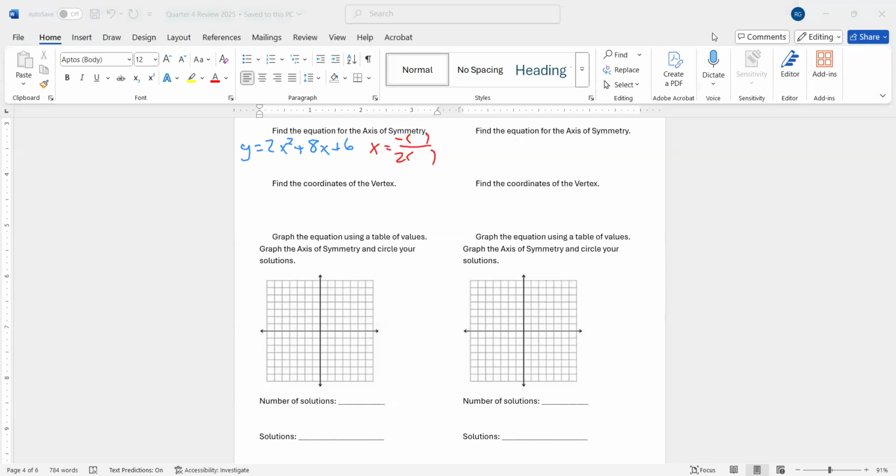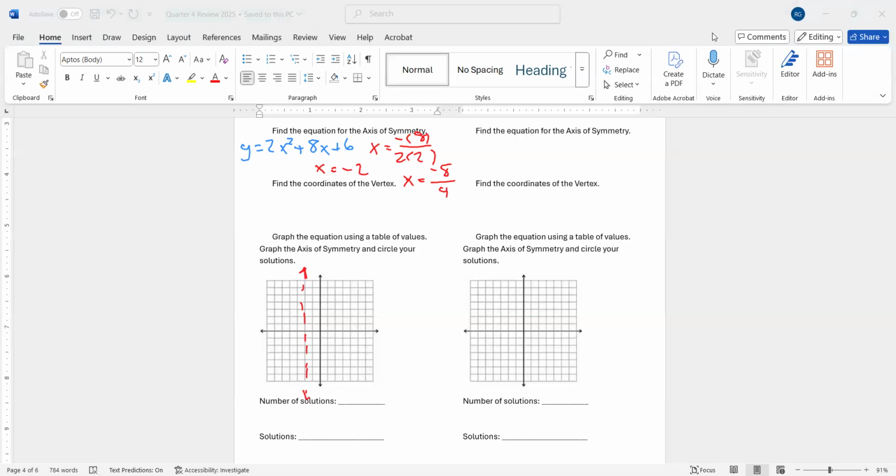Well, b is 8 and a is 2. So I have x equals -8 over 2 times 2, which is 4. So my axis of symmetry is x equals -2. I'm going to go ahead and put that on the graph. So that's that red dotted line there that I just drew on the graph.